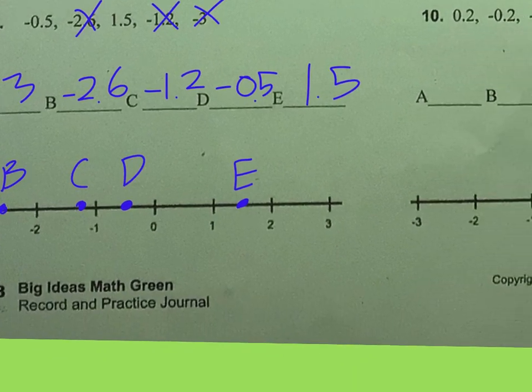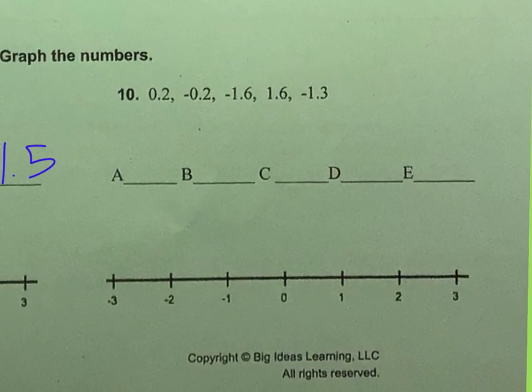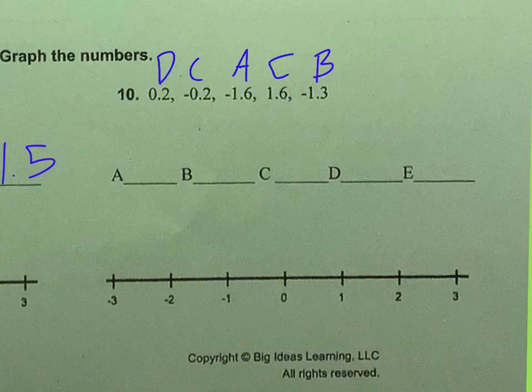All right, so not too bad. Let's take a look at this next one. Put them in order. The one that I'm going to run into first, if I'm reading left to right, is A, would be -1 6/10. Then you would run into B right here, then C, then D, and then E. So I'm going to put those in my place here. So -1 6/10, -1 3/10. Then I've got -2/10.